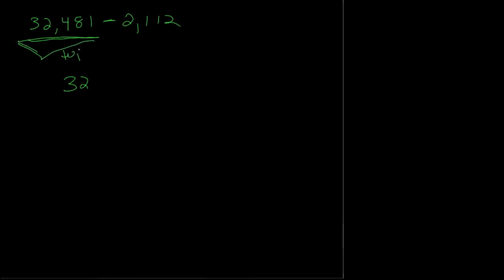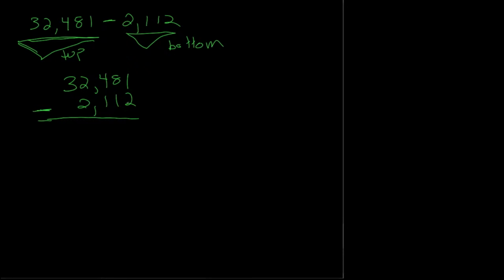That will be the top. I will write this part on the bottom. So my algorithm can work. And now I can subtract in columns because place value is doing the work for me.